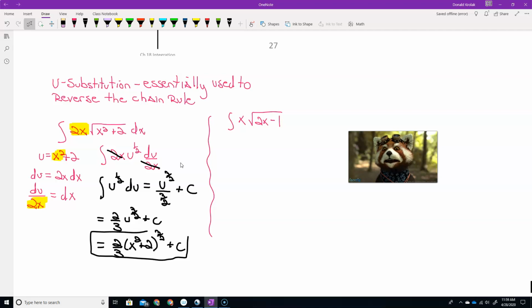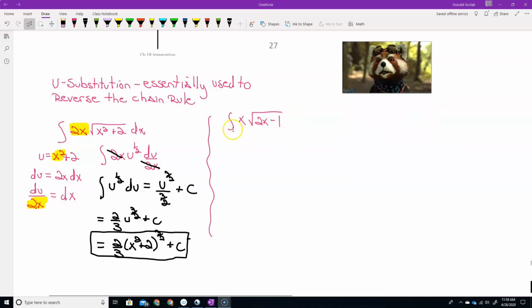Well, what happens when you go to try to use U substitution and this extra factor doesn't cancel out? That's what I'm going to show you over here. On this one, here I would let u equal 2x minus 1.